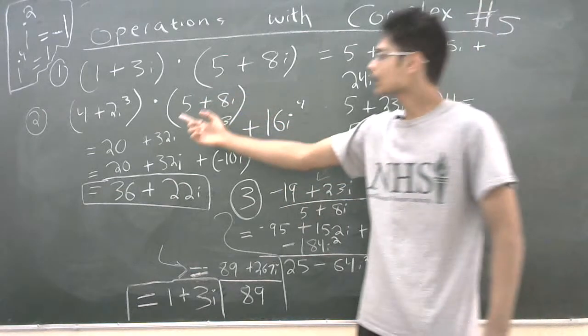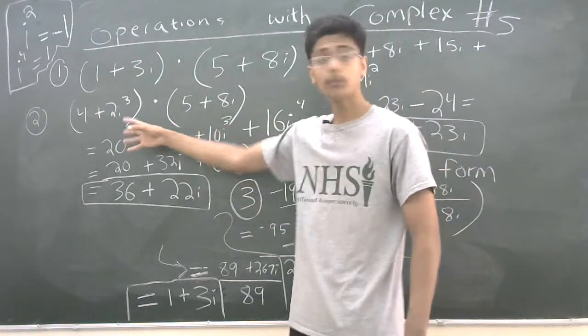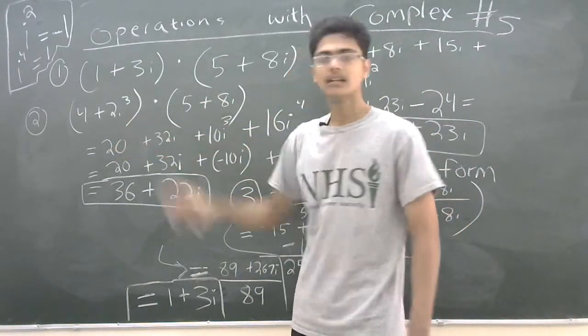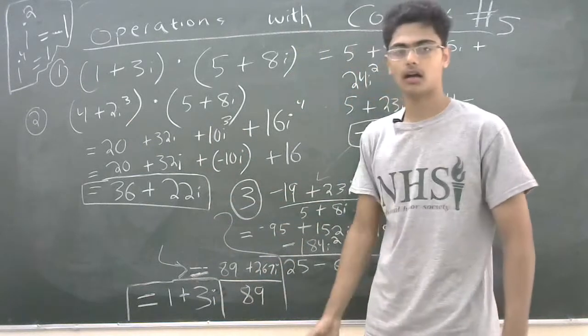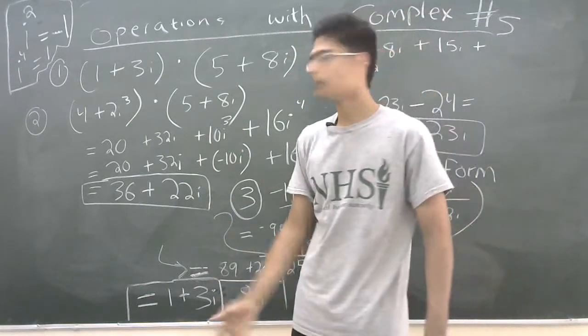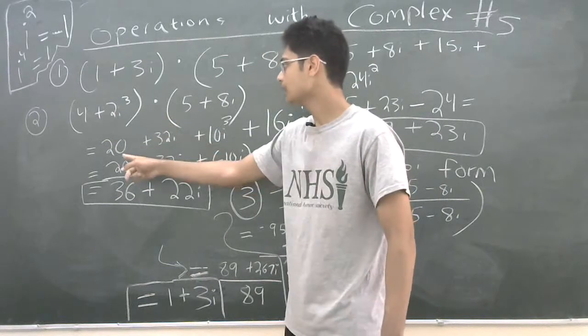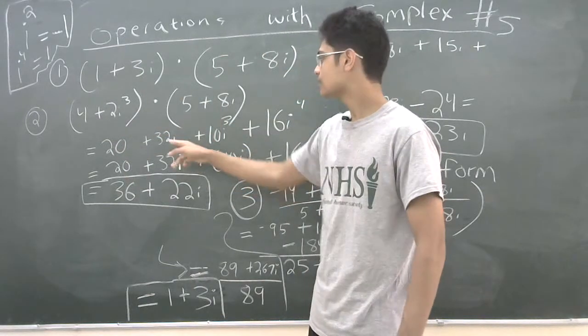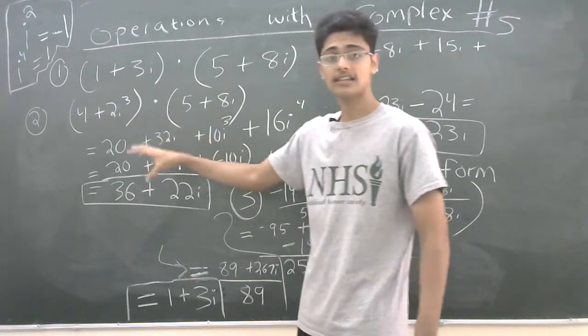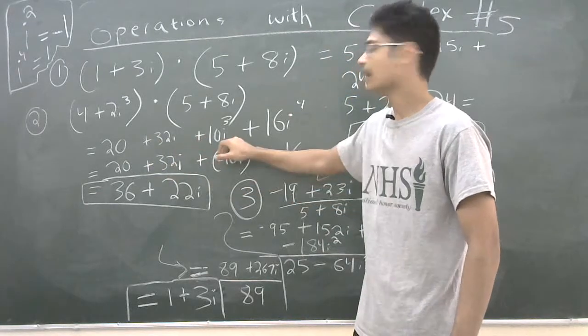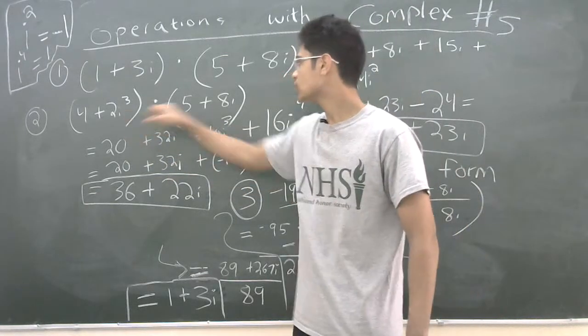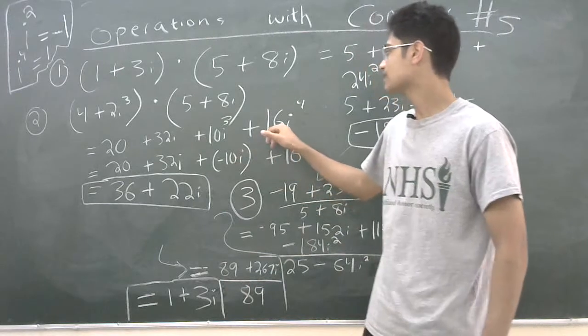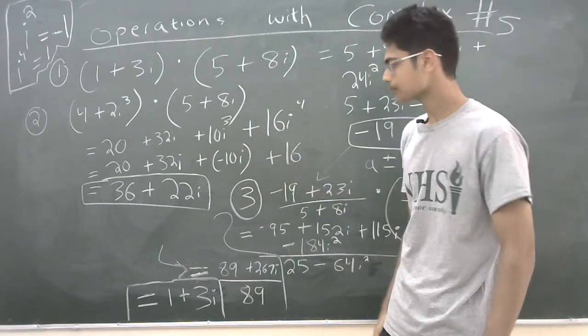Now moving on to the second column, as you can see there, we have 4 plus 2i cubed times 5 plus 8i. So again, using the distributive property, we get 4 times 5 is 20, 4 times 8i is 32i, 2i cubed times 5 is 10i cubed, and then 2i cubed times 8i is 16i to the power of 4.